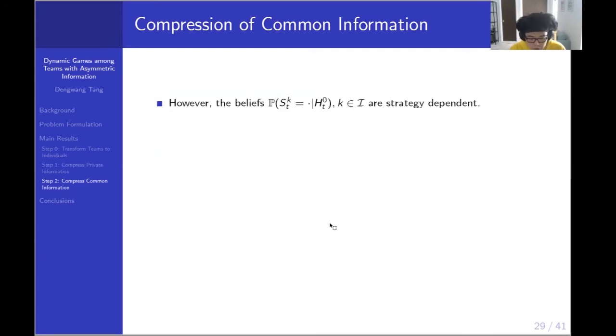However, we still have the problem because the belief of SPI based on common information is strategy dependent. The simple way to see that is that in the common information you have some actions, and these actions may signal what the private states of other coordinators are, but you can only understand that signal by knowing their strategy.